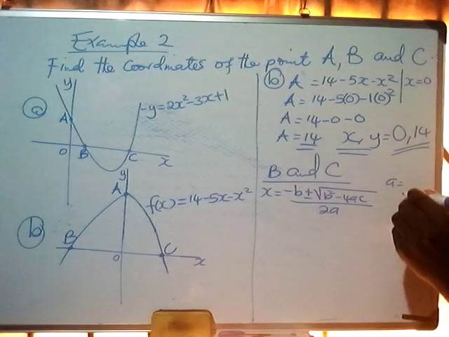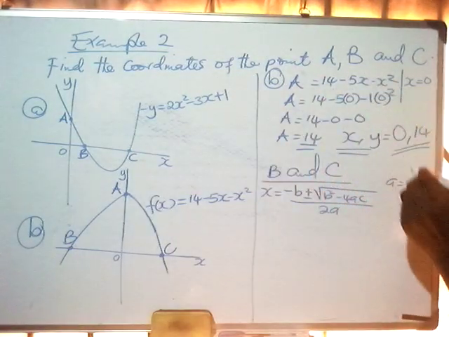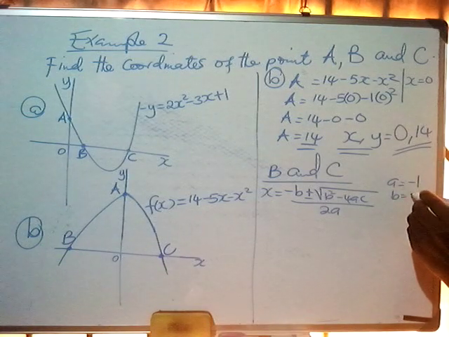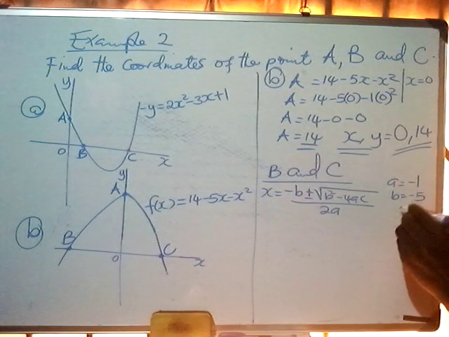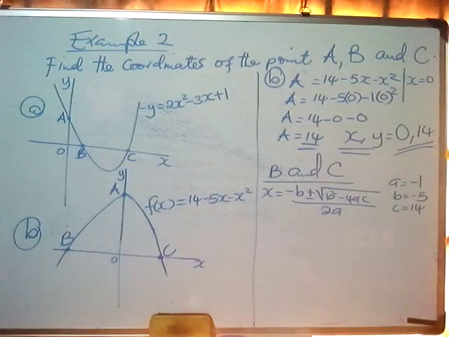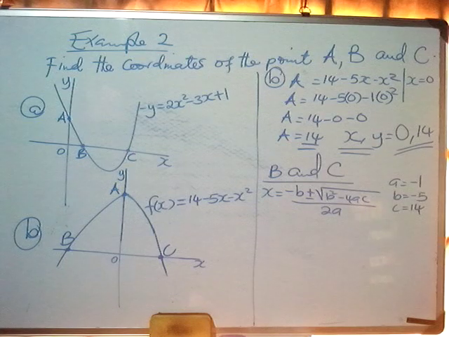Which one is our a? Our a in that equation is negative 1. Our b is negative 5. And our c is 14.